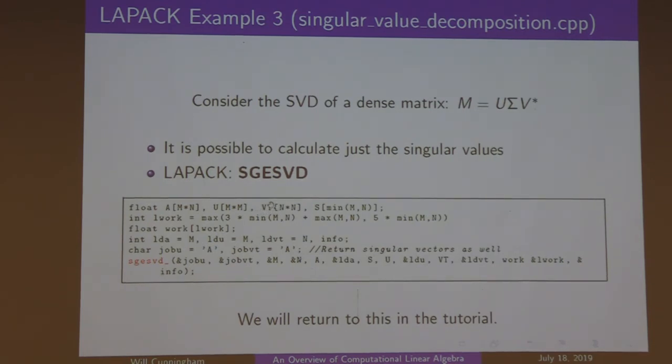So it will give you the transpose of this upon output. You'll have a vector of singular values, and then some workspace variables. And you have the option to run this without actually calculating the vectors as well. So in the case that you only need the values, then it's a little bit faster to do that.